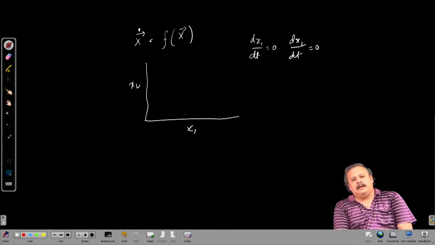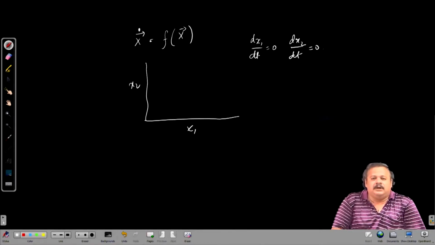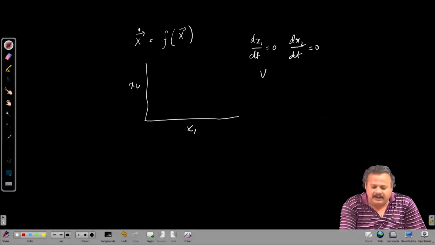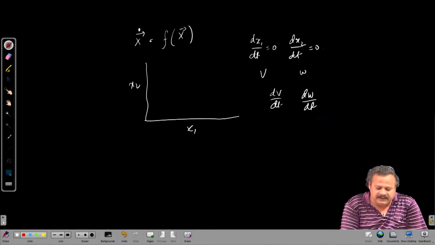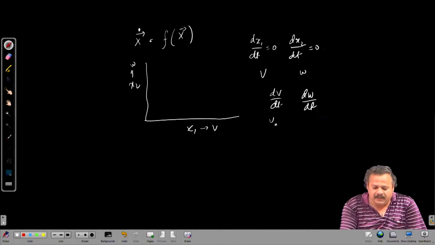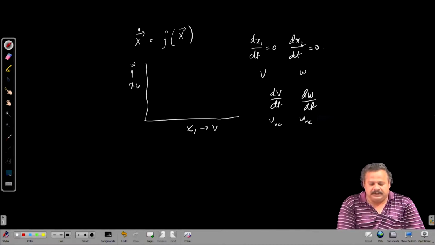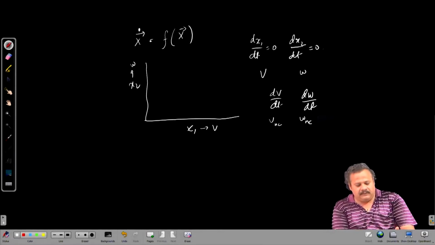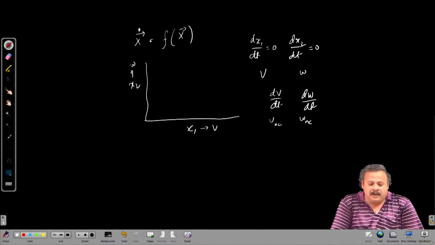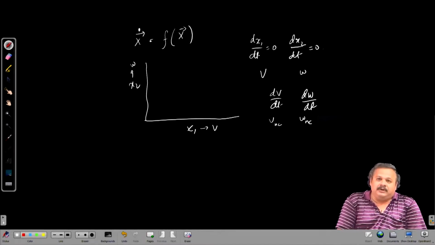So essentially it is the intersection of the nullclines. In the Morris-Lecar case we have a v and a w, so dv/dt equals 0 and dw/dt equals 0. If x1 is v and x2 is w, then the v nullcline and the w nullcline can both be represented as w as a function of v, and wherever they intersect are the equilibrium points.